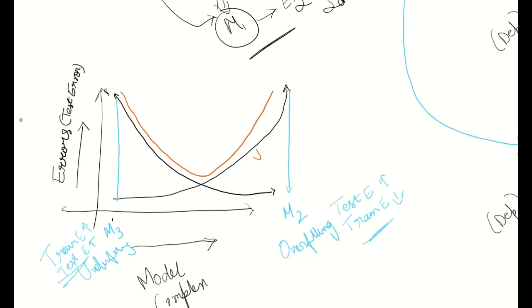Now this is my variance, this is my bias, and this is my total test error. And the point here where bias and variance coincide will be the point where my simple linear regression or M1 will reside.